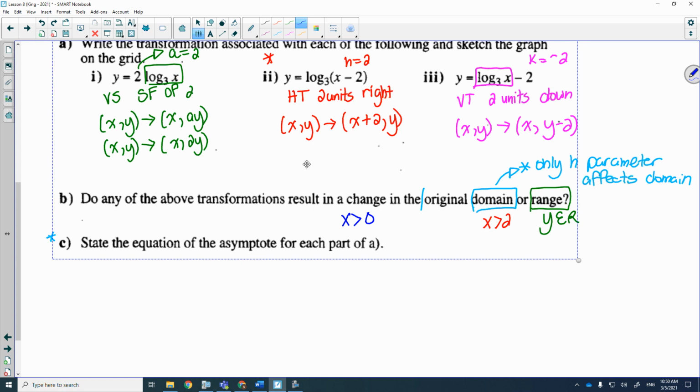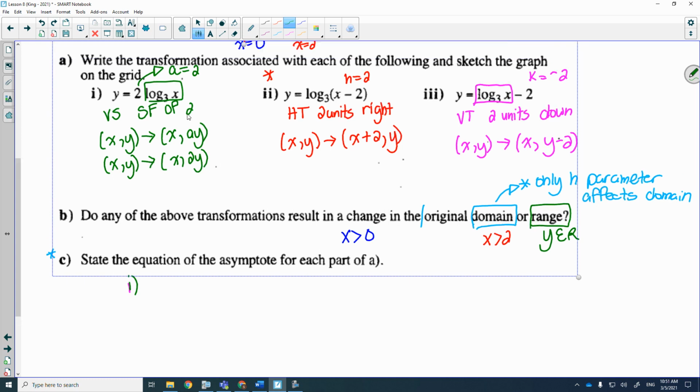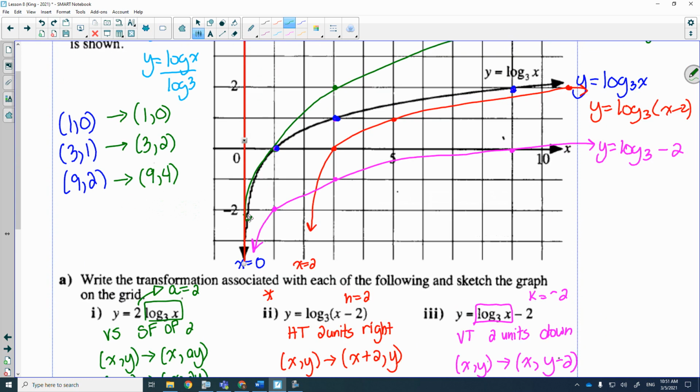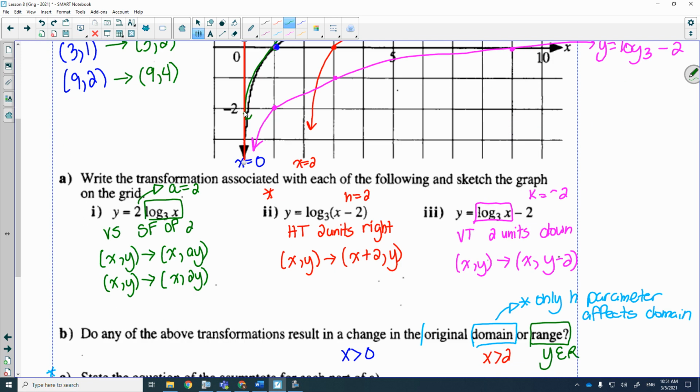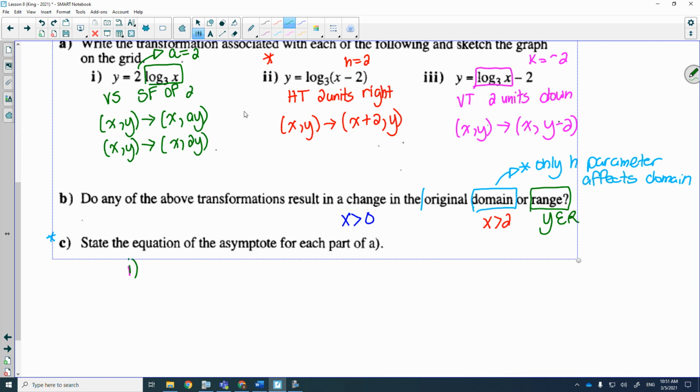So number 1, the green graph, the equation of the asymptote was x is equal to 0. The red graph was the one with the transformation, and remember we moved it over 2 units to the right, so it was x is equal to 2. The third graph, the pink graph, we didn't move the asymptote at all, so it was x is equal to 0.